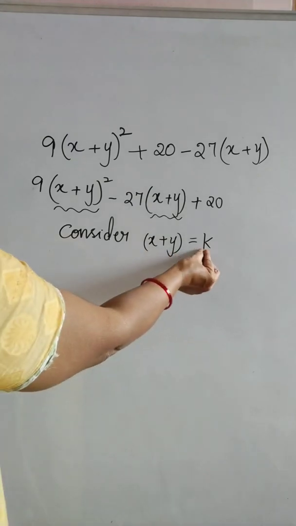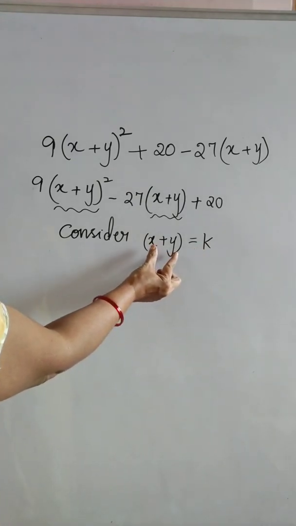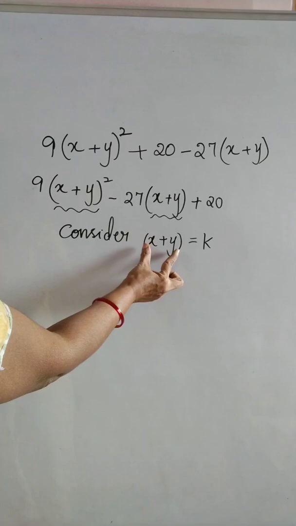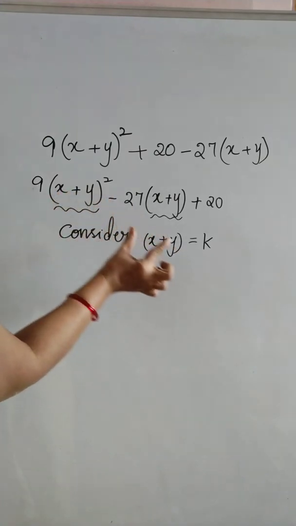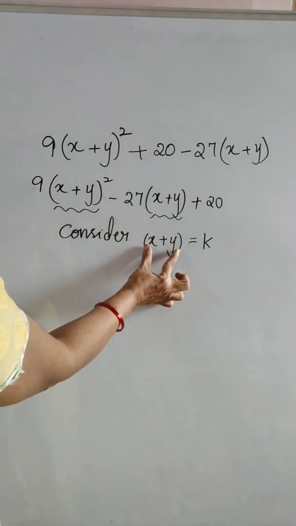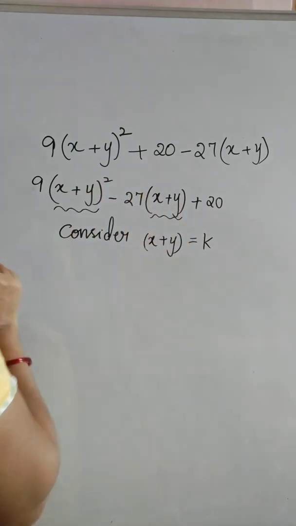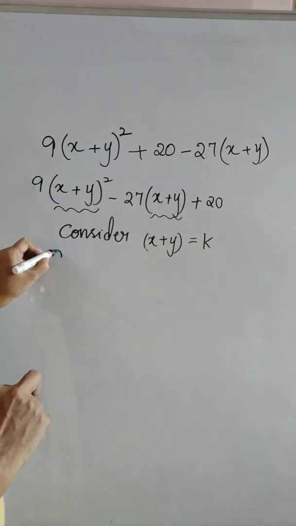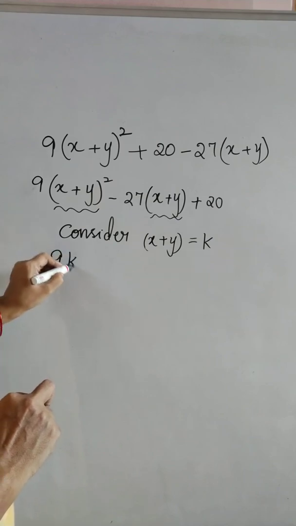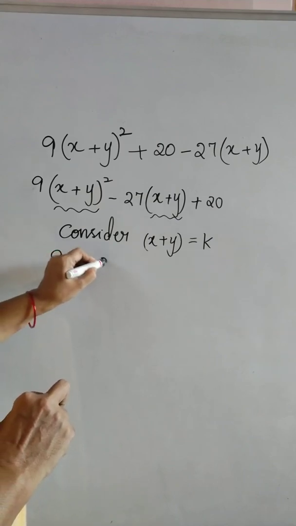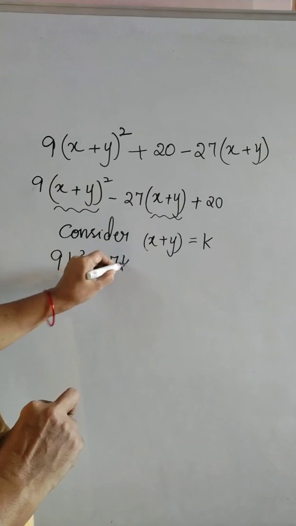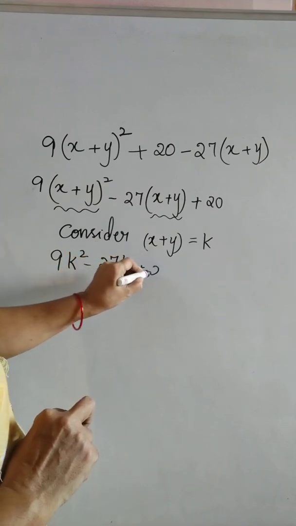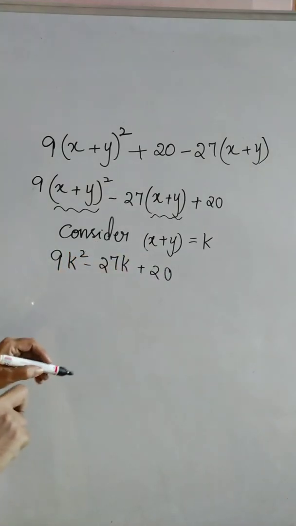We take just one variable, because here it is given as a binomial product where x plus y whole square and here also x plus y. So we consider x plus y is equal to k. Now we can write this expression as 9k square minus 27k plus 20. Now we'll find the factors for this.